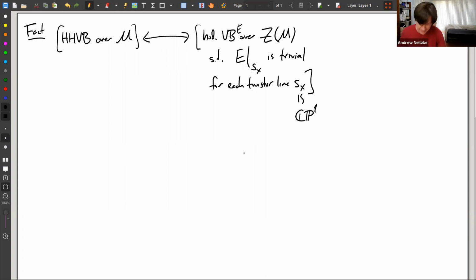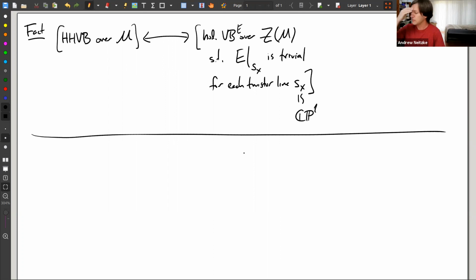So okay, let me describe how to construct a hyperholomorphic line bundle over the moduli spaces that we built in this Riemann-Hilbert story.